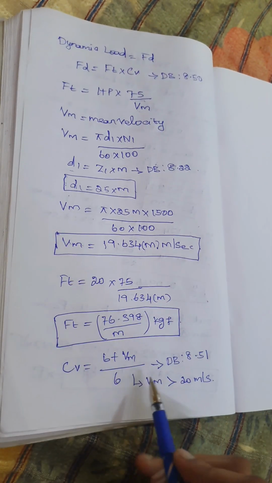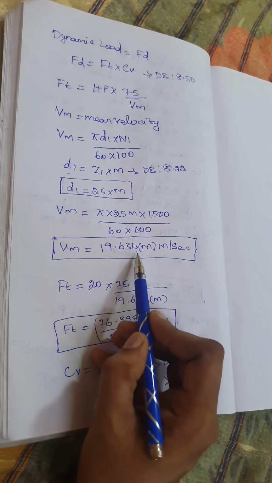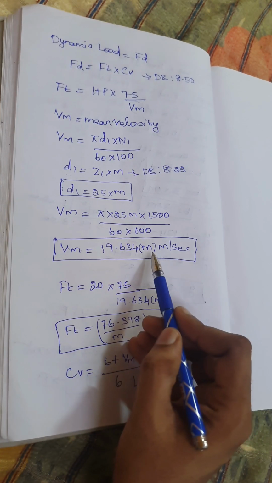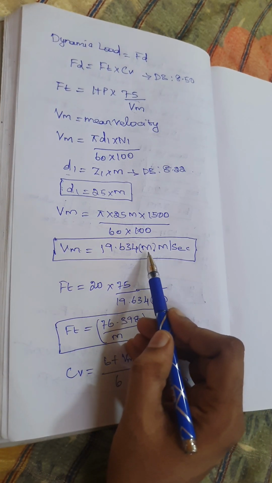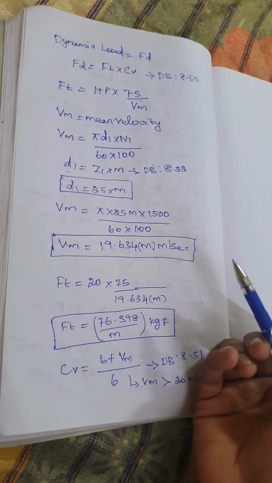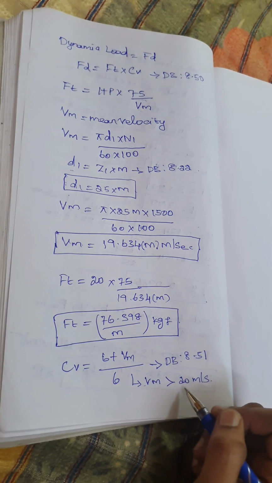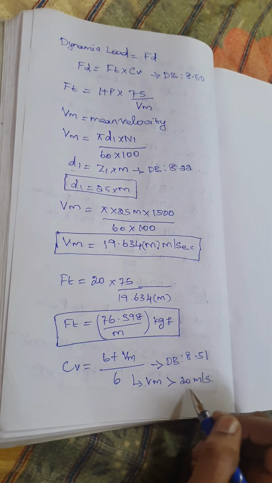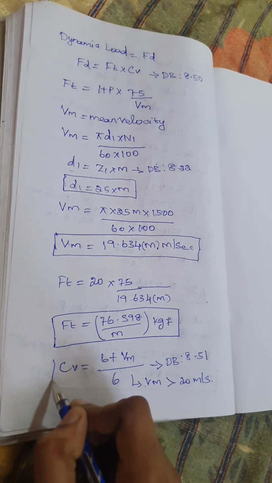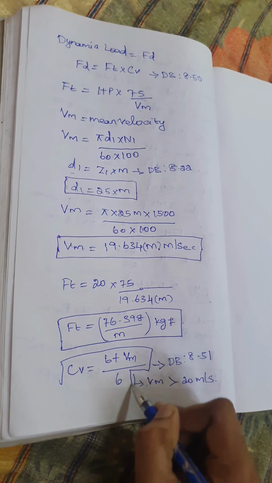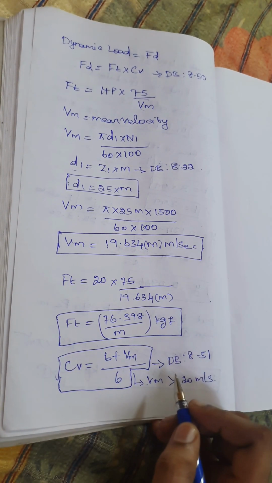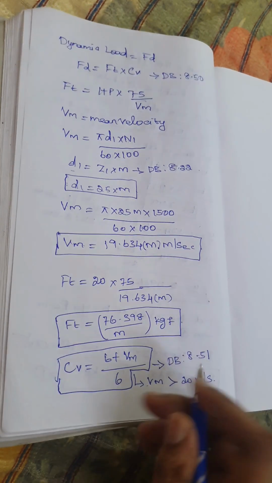The value of v of m we have found is 19.634, which is almost equal to 20, and there is another value called m. If we put the value of m, then this value will be more than 20. So for v of m more than 20, we have to consider this formula for calculating c of v, 6 plus v of m divided by 6. The data book page number is 8.51.